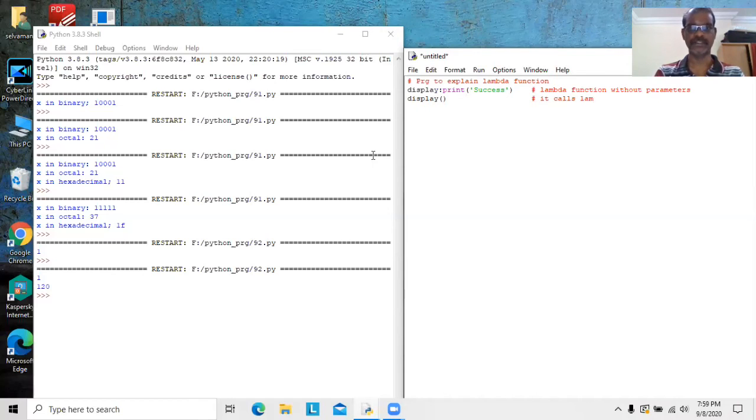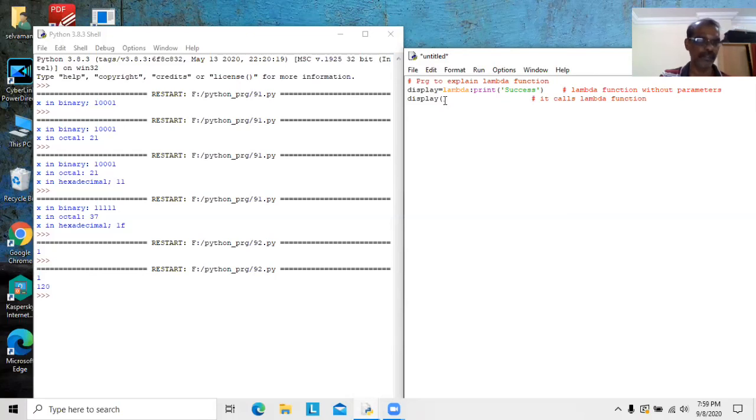It calls the lambda function. Here, display equal to lambda colon. So lambda is the keyword, colon, and this is the expression. Just consider we are calling display.